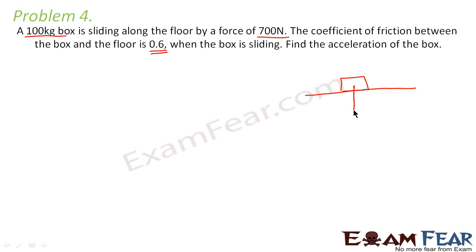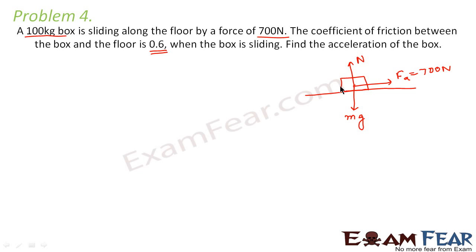Now, the forces which will act on this box are mg, vertically downwards, and normal reaction force, vertically upwards. The applied force, that means the box is sliding along the floor by a force of 700 Newton. That means the force Fa is equal to 700 Newton. And the coefficient of friction between the box and the floor is 0.6.